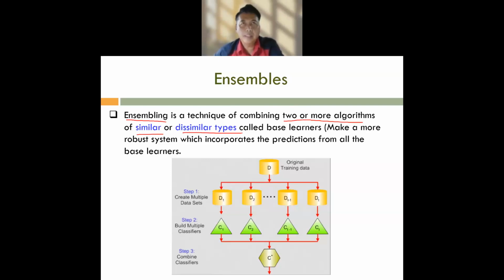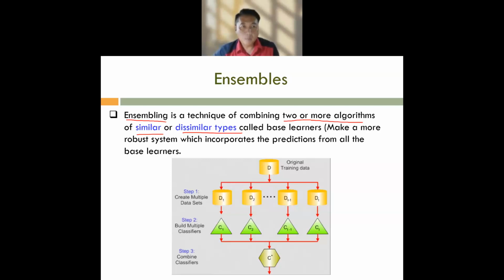So it could be the same classifier or it could be different classifier. Okay? So the way you combine them or the type of classifier that you combine will depend on the name of the ensemble. So in this session, we will look into three type of ensemble classifier.